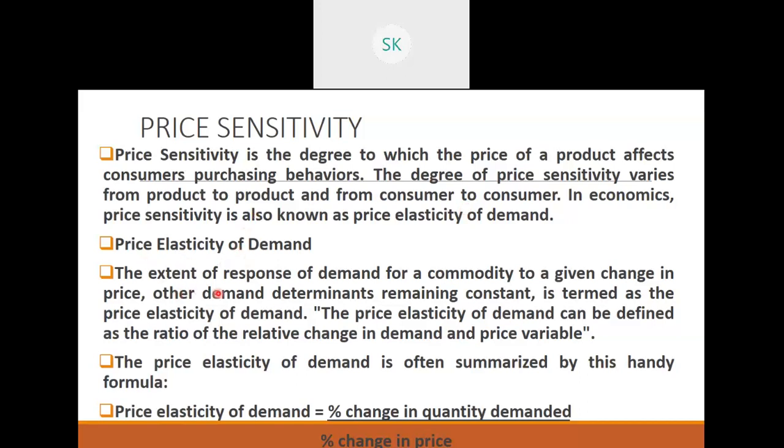The extent of response of demand for a commodity to a given change in price, the other determinants remaining constant, is termed as price elasticity of demand. So this is the definition, the meaning of price elasticity of demand.